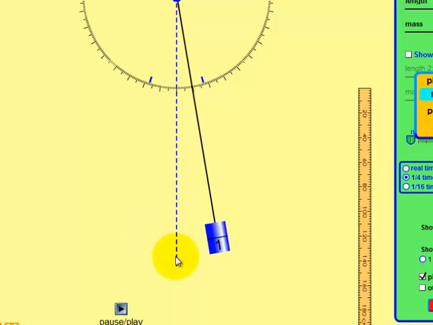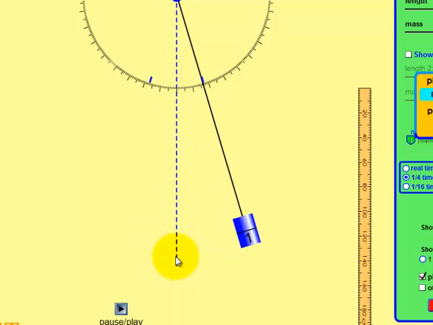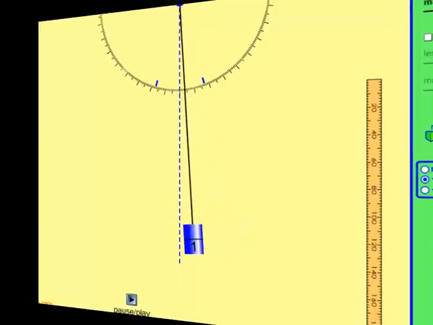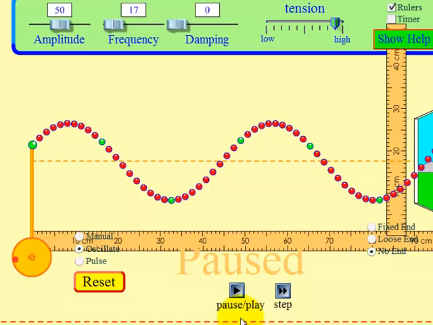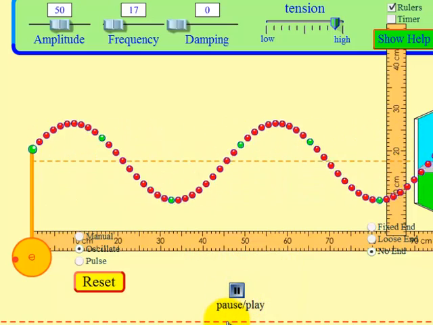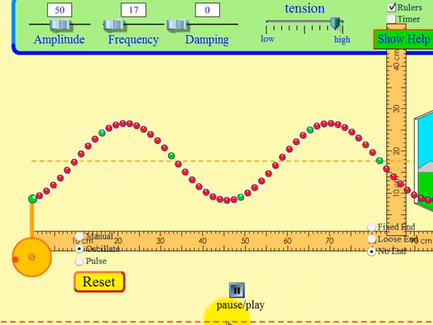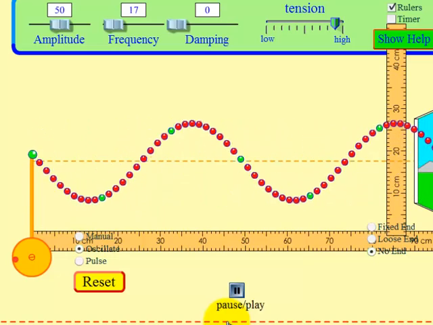We can use wave on a string to show these two. Over here, I have a wave in a rope. And if I set it into oscillation, you'll be able to see that is the kind of situation we have.